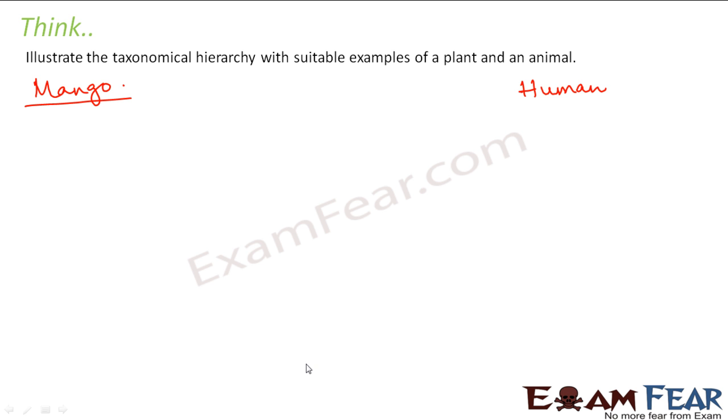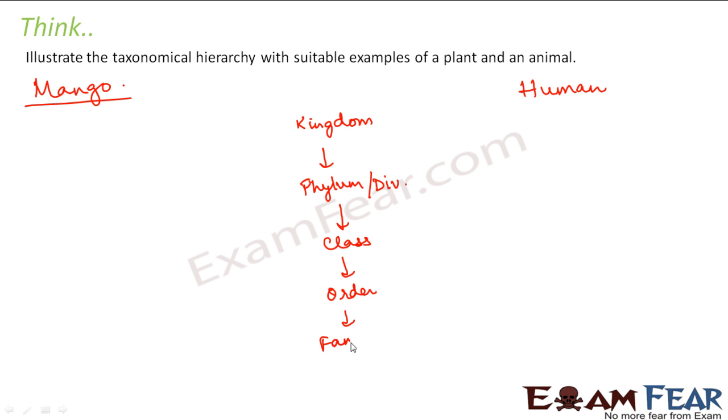So here we can illustrate the taxonomical hierarchy. From the top it will start with kingdom. After that will be phylum or division, so division in case of mango and phylum in case of human beings. Then will come class, then order, then family, genus, and finally species.